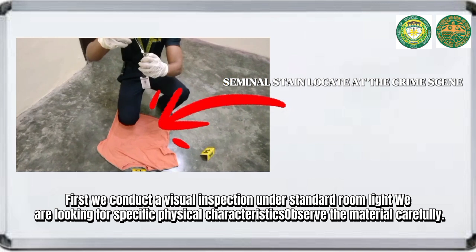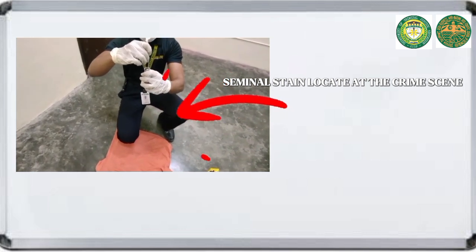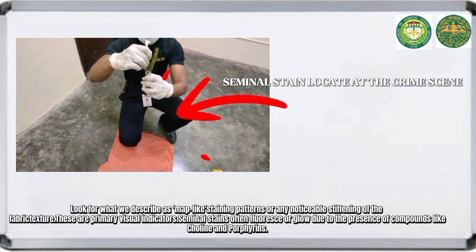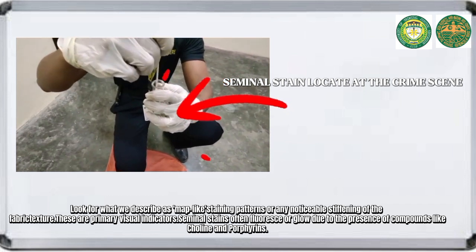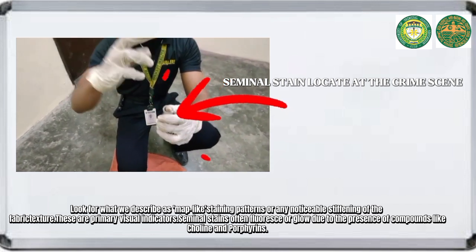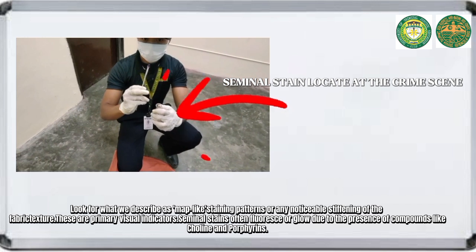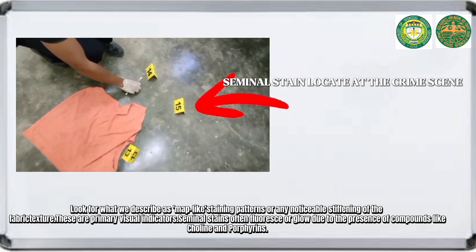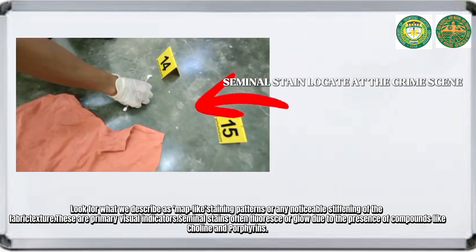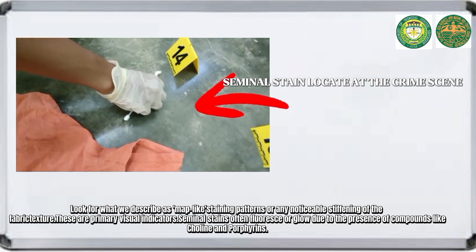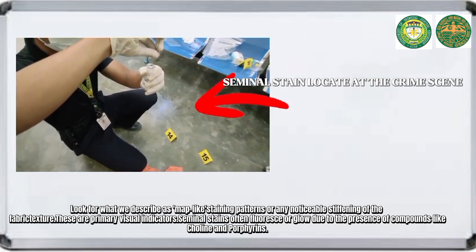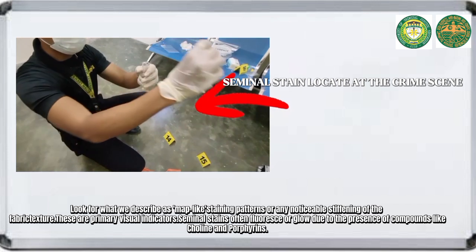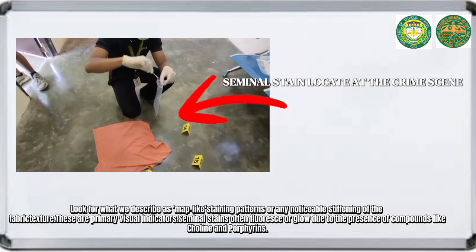Observe the material carefully. Look for what we describe as map-like staining patterns or any noticeable stiffening of the fabric texture. These are primary visual indicators. Seminal stains often fluoresce or glow due to the presence of compounds like choline and porphyrins.